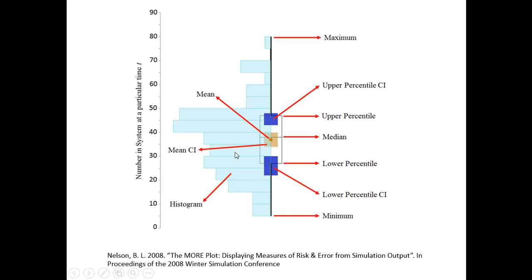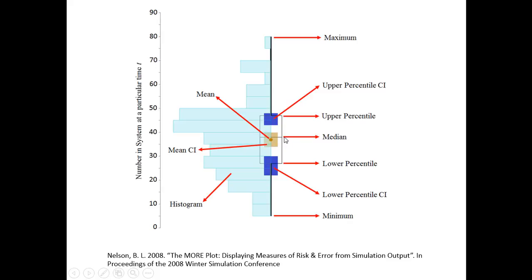So here I see the histogram of my data. This is based on 100 replications of this model, where in each replication I record the number in system at exactly time t. And you can see the minimum, the maximum, the mean, the sample mean, and this beige box around my mean represents the confidence interval around my sample mean.